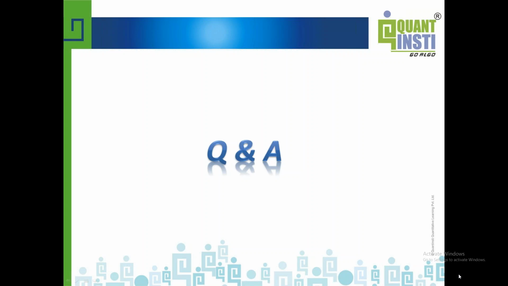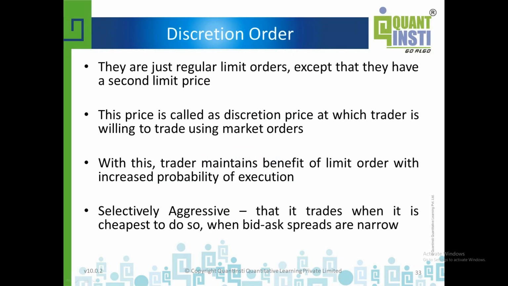Can I please elaborate on discretion order? Yes, absolutely. A discretion order is at the broker's end. Say I want to buy a stock at $50. I tell my broker in the morning that I want to buy this stock at $50 with a range of say 10 cents. Obviously, the lower the price you get me, the happier I'll be.